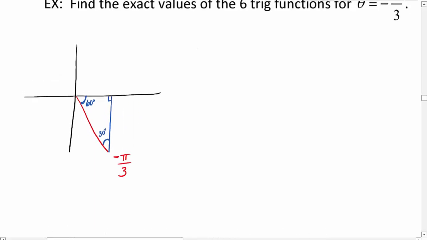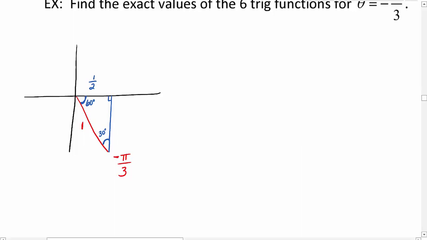and we're going to use what we've learned about inscribing triangles in the unit circle to find our sides. We know that our r, our hypotenuse, is always 1. The short side of a 30, 60, 90 triangle is 1/2, and the long side is square root of 3 over 2.